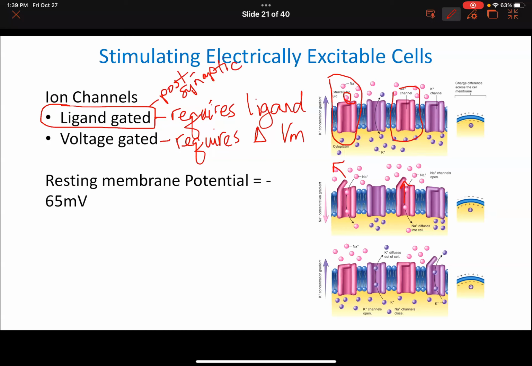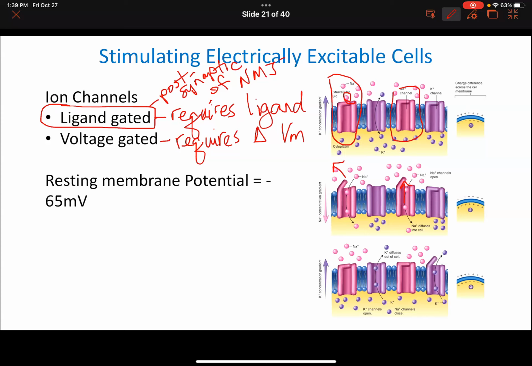So when the neuromuscular junction is exposed to acetylcholine, the acetylcholine will bind those receptors, those ligand-gated channels, and then those channels will open up and they will allow an ion through, in this case specifically sodium.